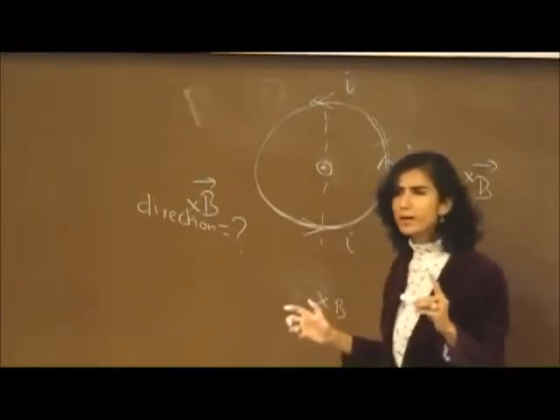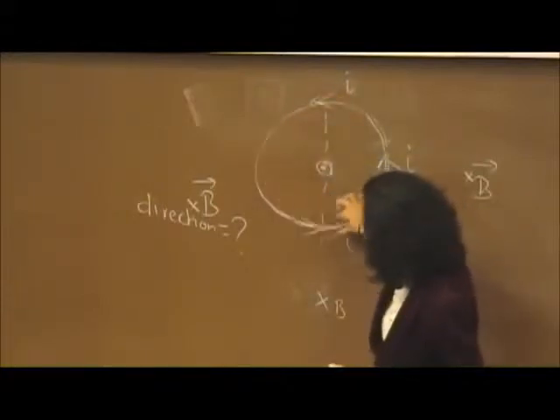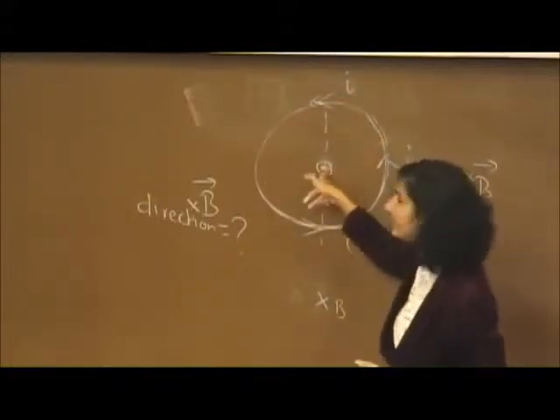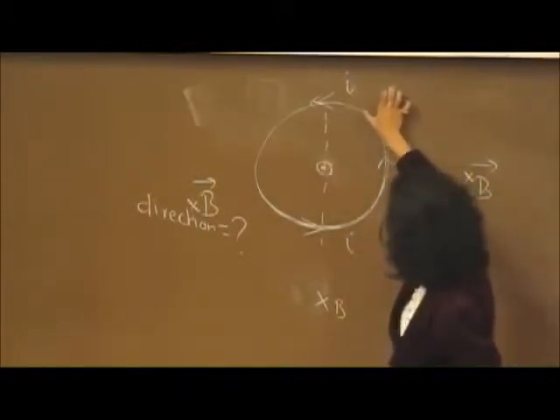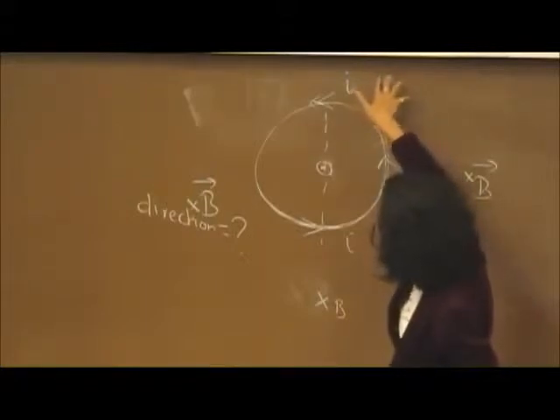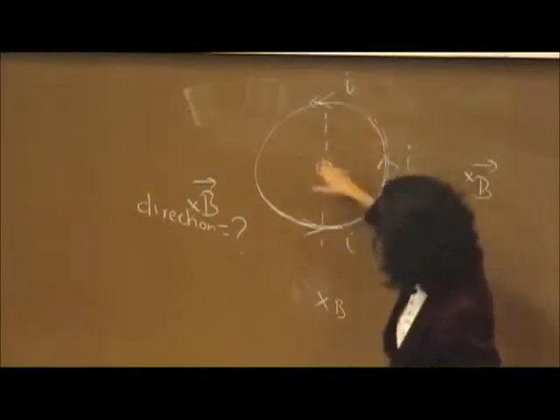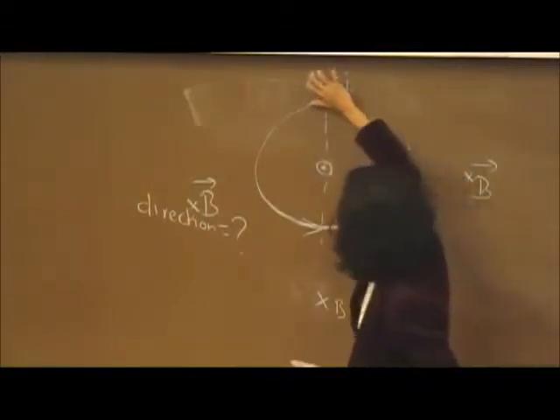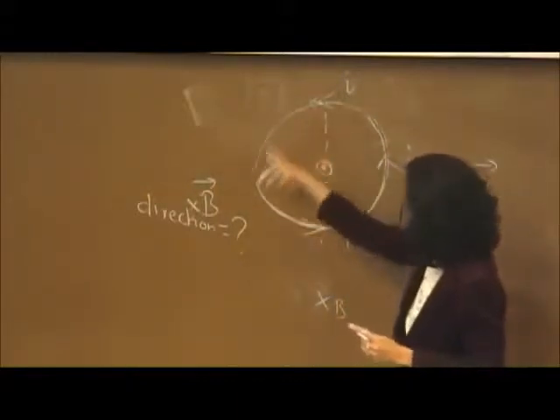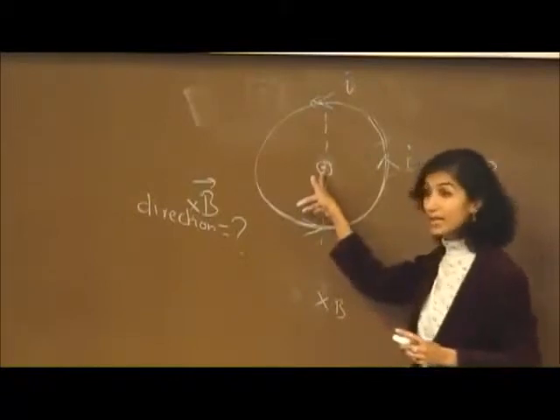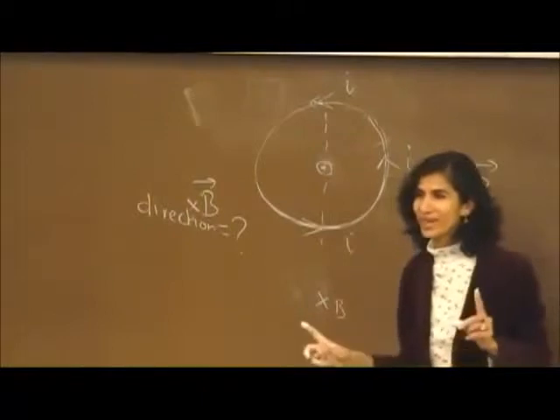Notice something very interesting about inside. Does every little segment of this loop produce magnetic field in the same direction at the center? Yes. Whether I put my thumb like this in the direction of current here, look, the magnetic field is into the board due to this segment here, and due to the same segment, it's out here. Here again, in and out, in and out. So all the segments of the wire are producing magnetic field that is coming at you inside, right?